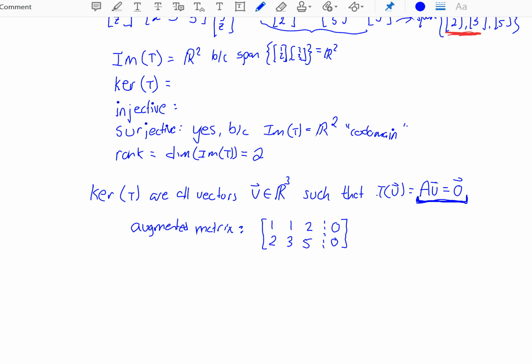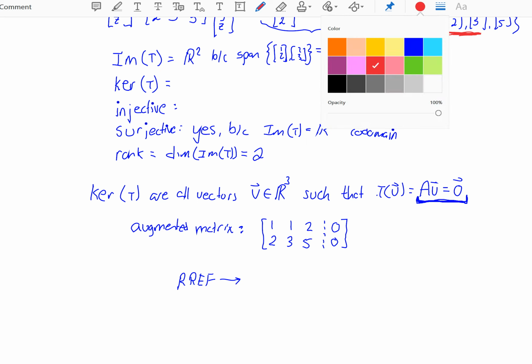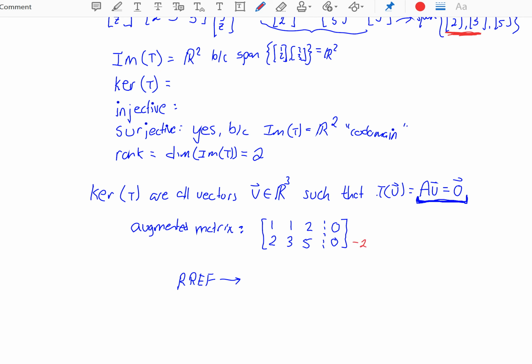Now, I would like to write this matrix in RREF form. And I think we can do this with just one row operation. If we went -2 times row 1 and add that to row 2. Of course, we could use our calculator, but I think this is faster just doing it by hand.